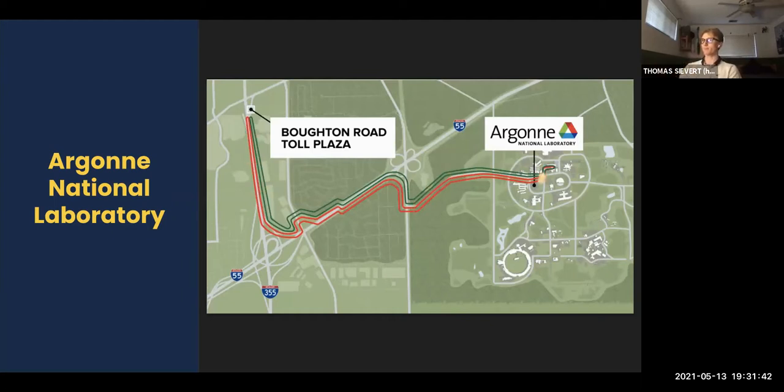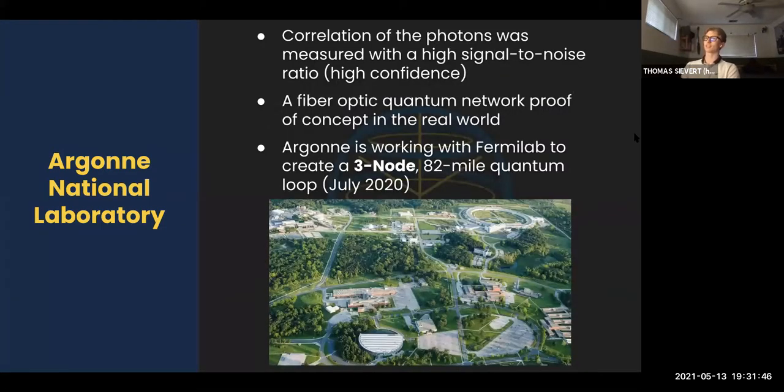The correlation, or the entanglement, of the photons was measured with a high signal to noise ratio, basically with pretty high confidence. This experiment served as a proof of concept that fiber optics could work in the real world to send entangled information.